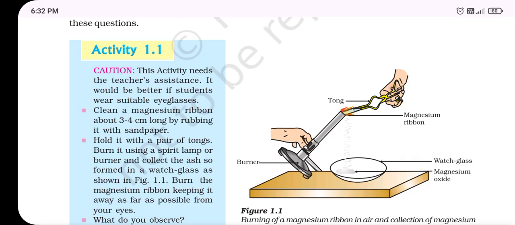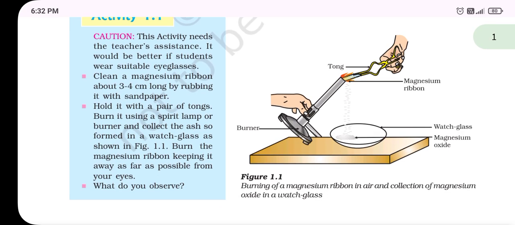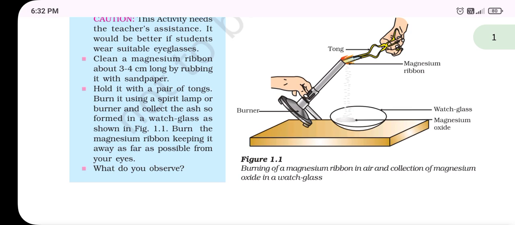You should wear suitable eyeglasses because your eyes are very important, and you don't want to damage your eyes, because some of these things change drastically within a few seconds. So you have to be very careful about this.